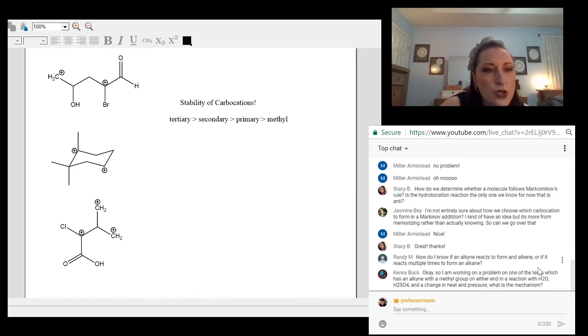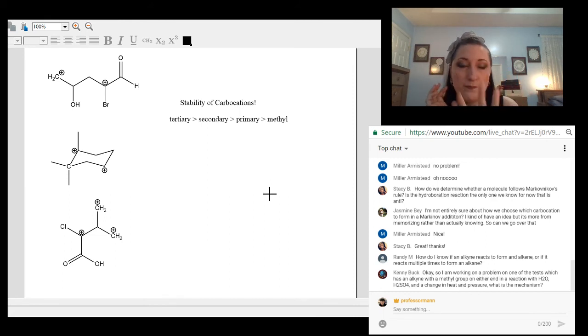Okay, so let's look at these. Notice I do have, oh, I don't have a way to highlight that, do I? Can I put a carbon there? Okay, that carbon that I just typed in there cannot have a positive charge. It cannot be a carbocation because it is a quaternary carbon, meaning it is a carbon bound to 4 other carbons.